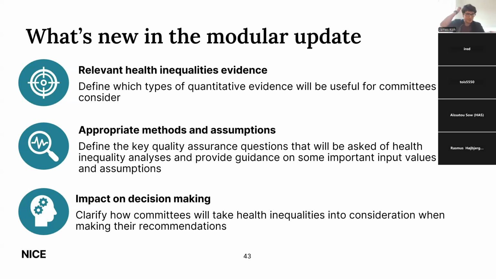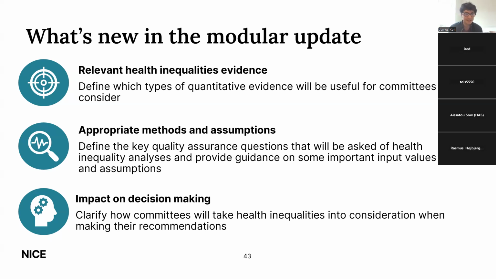And then the last thing was impact on decision making. So this is a really interesting area for people who work within NICE, which is that we have a cost effectiveness threshold that is used to determine whether an intervention represents good value for money or not.